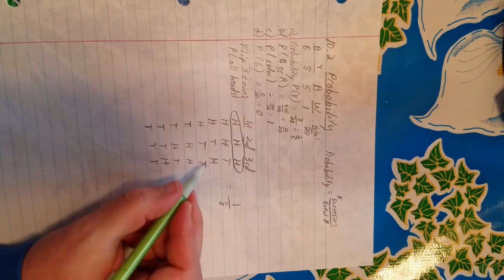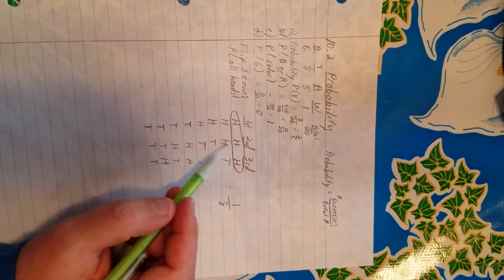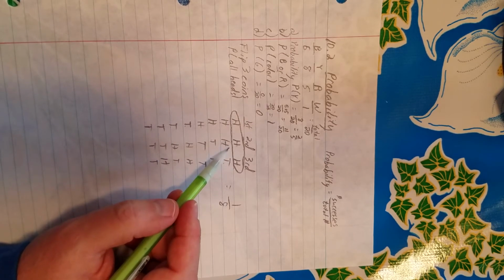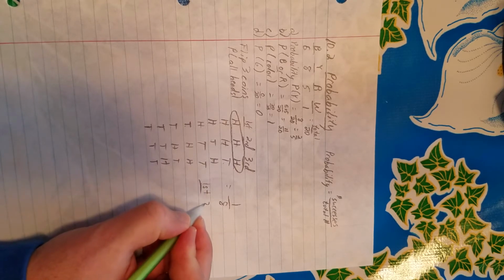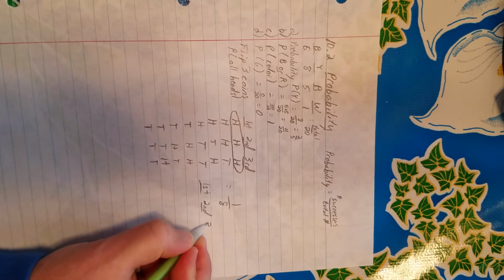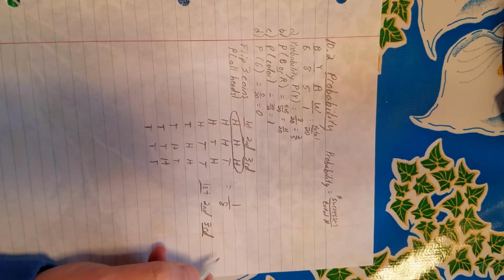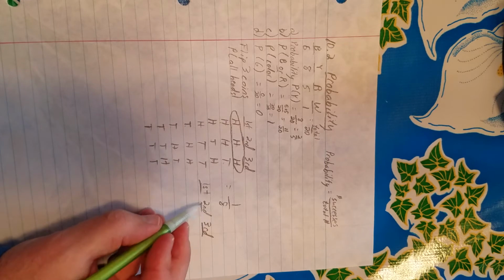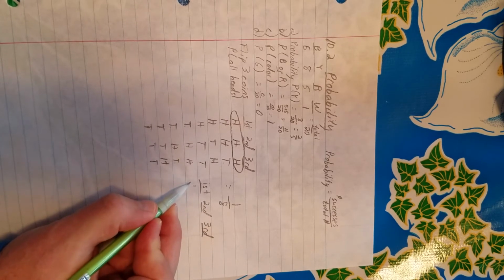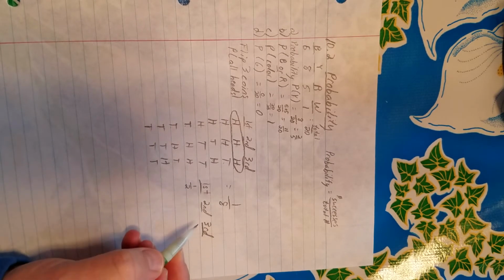Now, that's one way of doing it, but this can get pretty tedious if we say we flip 50 coins. So another way of doing it is, again, I make my 3 columns, first, second, and third, and I think what's the probability of each one of them? So if I flip 1 coin, the probability that it's heads is 1 out of 2. It's either going to be heads or tails.